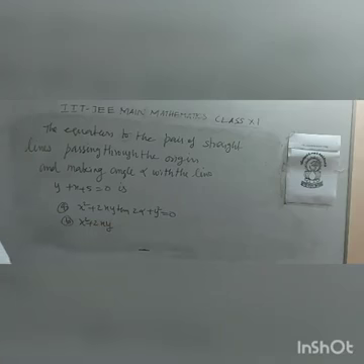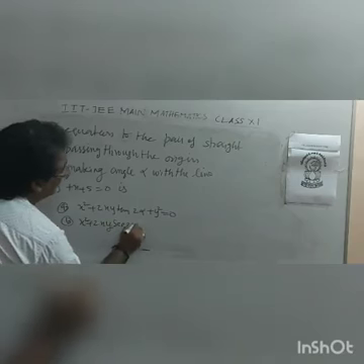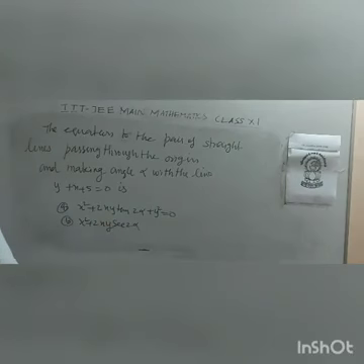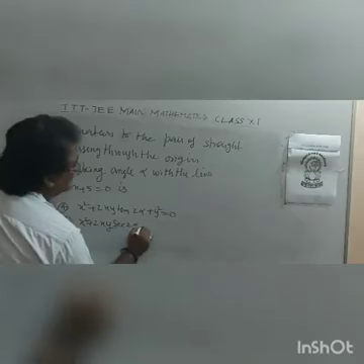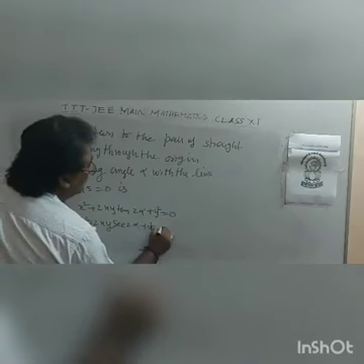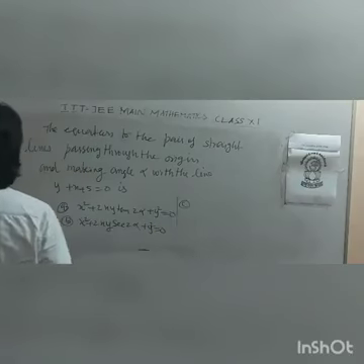Or x square plus 2xy secant 2 alpha plus y square equals 0. Option C.